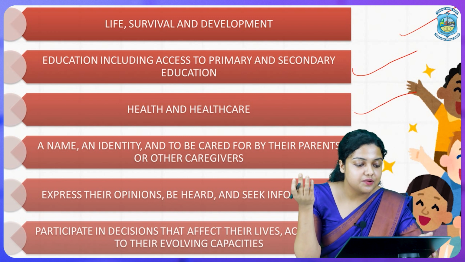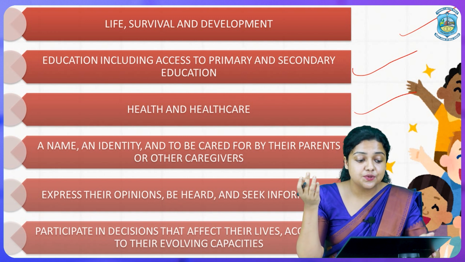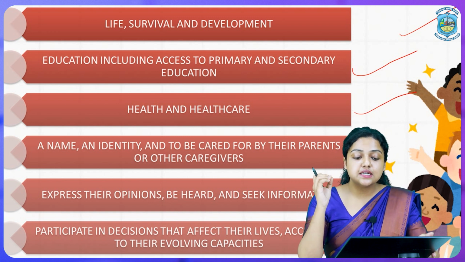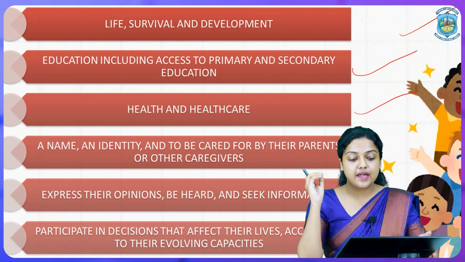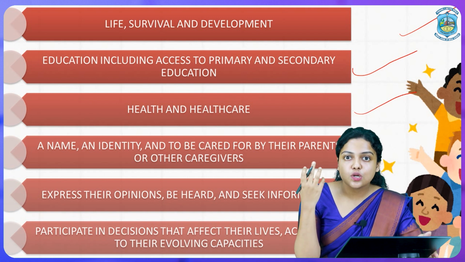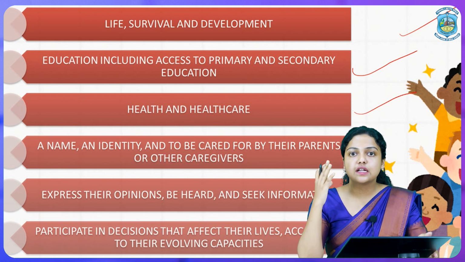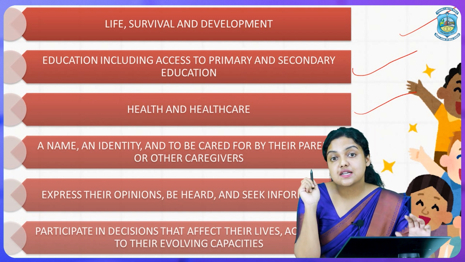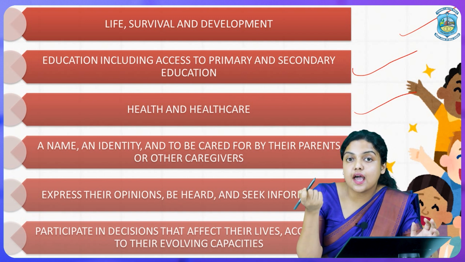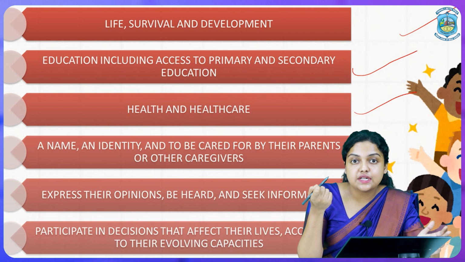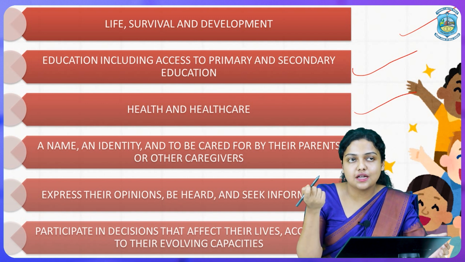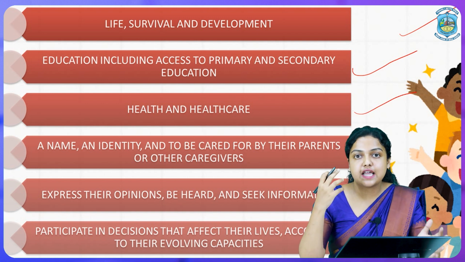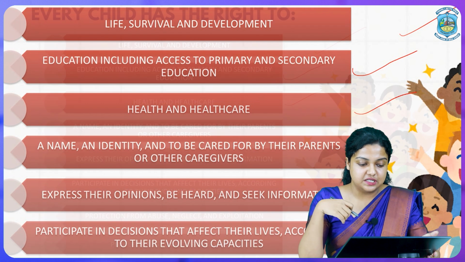Then the next right is every child has the right to a name and identity and to be cared for by their parents or other caregivers. So, all children should have a specific name and an identity in society, and it is the responsibility of the parents and caregivers to take care of the child and to provide them with a safe and secure environment.